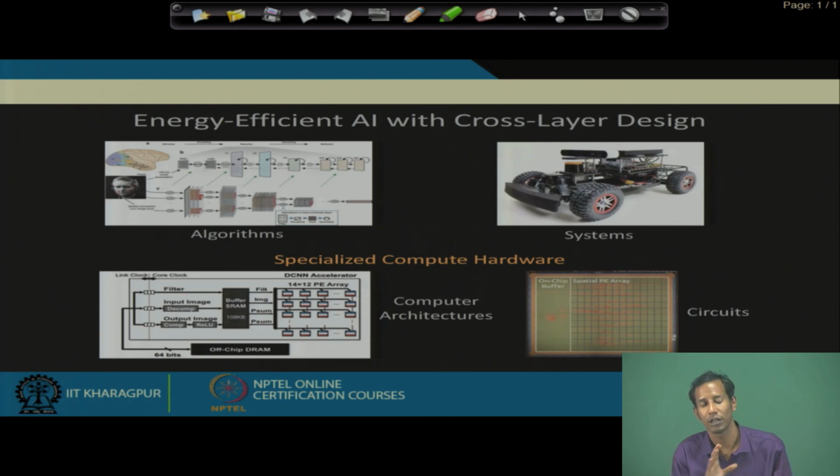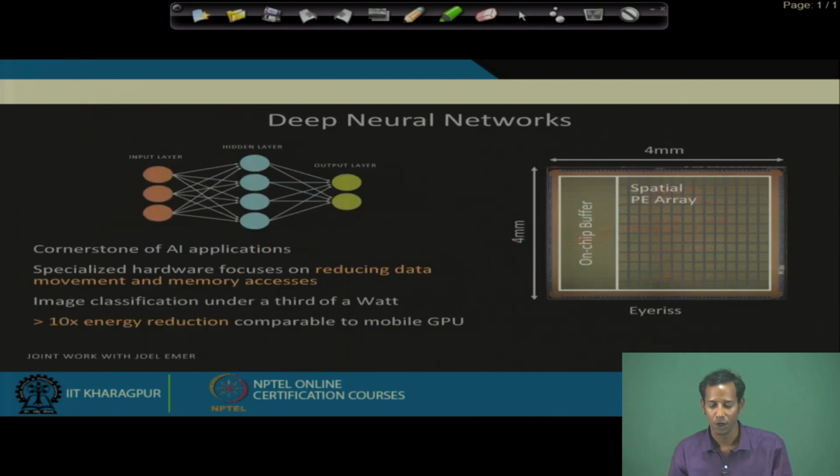That means the generalized concept has to be changed whenever we are focusing on designing artificial intelligence hardware. This is the deep neural network I have already developed.